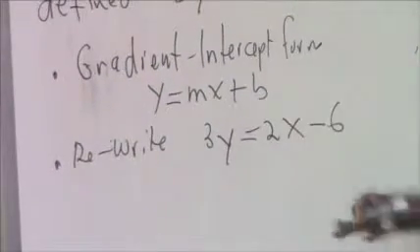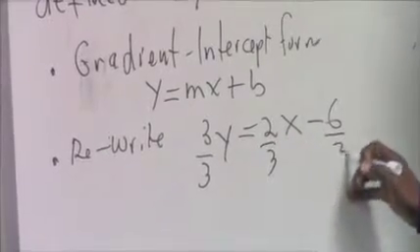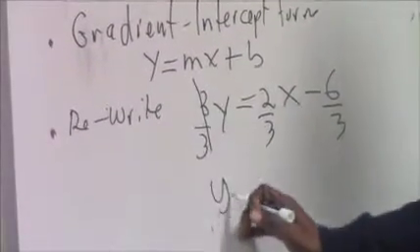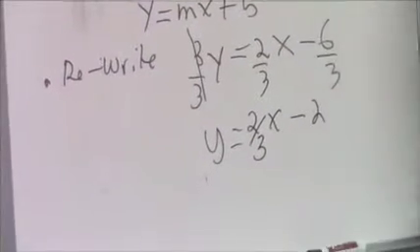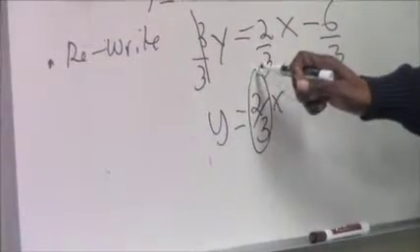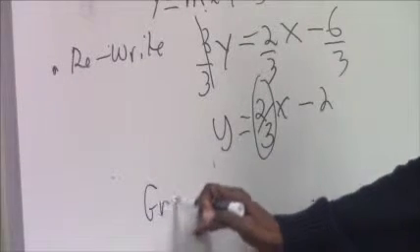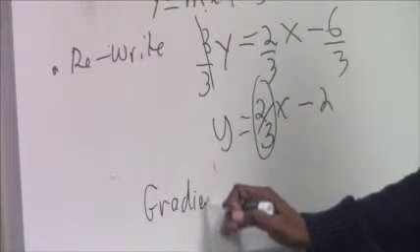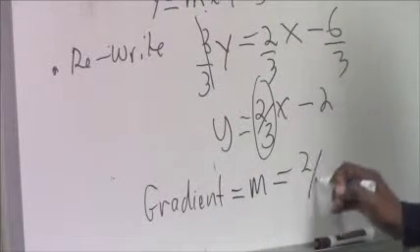Well, to get the y by itself, I simply have to divide by 3, divide by 3, divide by 3. So I have y equals 2 over 3x minus 2. So what's my gradient? My gradient is right here. This is the value that is in the position of m. So my gradient, denoted by the letter m, is equal to 2 over 3.